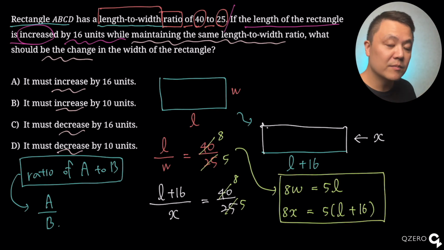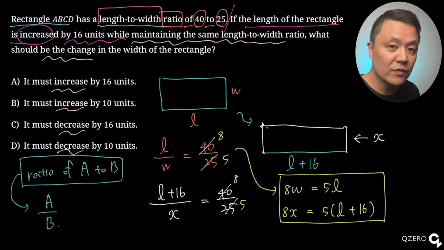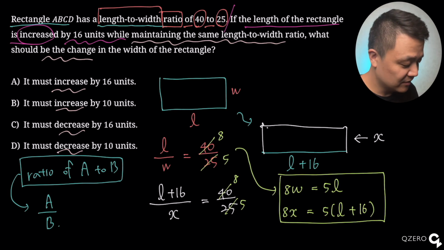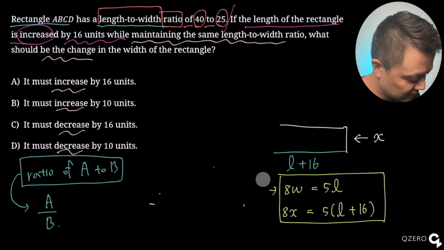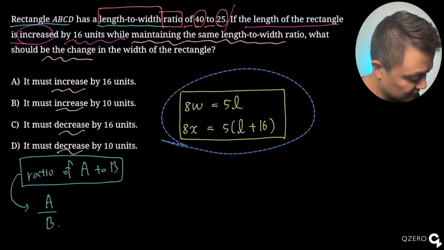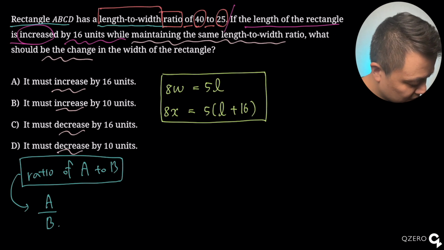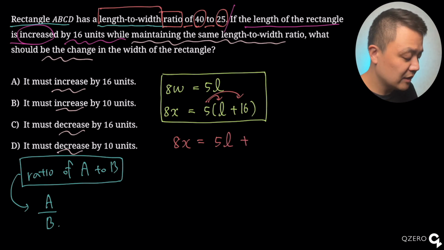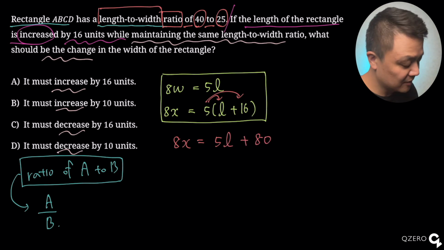From this system of two equations, we have to figure out what really happened to the W value. So let me just erase everything else because this is the only thing we need. We're looking for x. So let's find x. If you distribute this 5, 8x should be equal to 5L plus 5 times 16, which is 80.